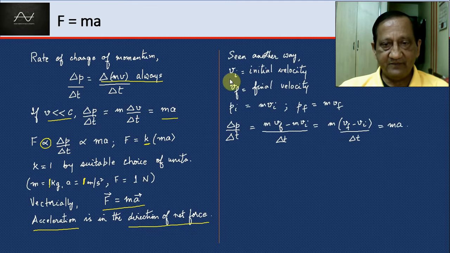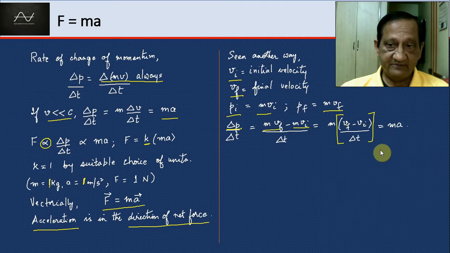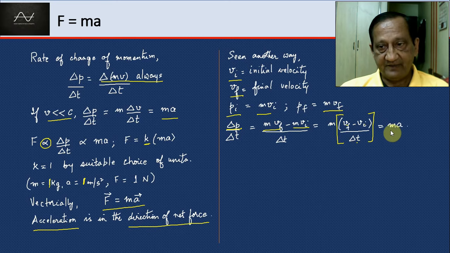Another way: Vi initial velocity, Vf final velocity, initial momentum mVi, final momentum mVf, delta p is final minus initial divided by delta t. If you do, then m taken outside, this quantity is final minus initial velocity, means change in velocity upon time. That is acceleration.